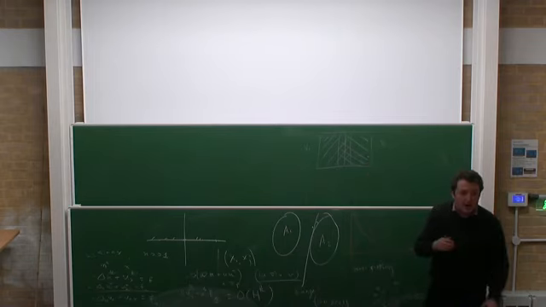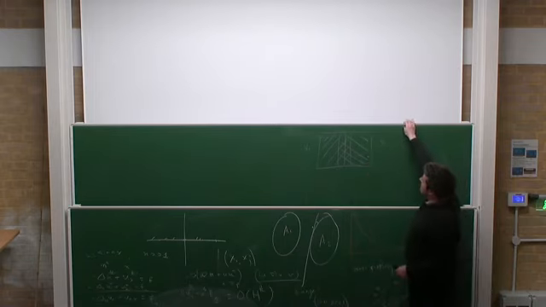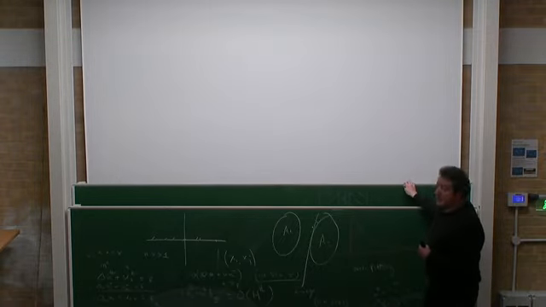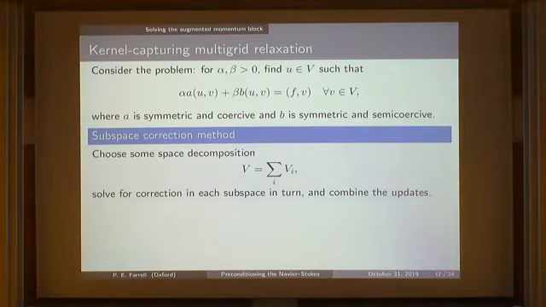And so in order to have one of these space decompositions, what I must be able to do is, you can challenge me with a function in V, and I must be able to write it as the sum of functions in the smaller spaces. Of course, it doesn't have to be unique. Where those domains overlap, I have a non-unique choice. But just so long as there is a choice to make, then I can write this. It doesn't have to be a direct sum. And so what does the algorithm involve?